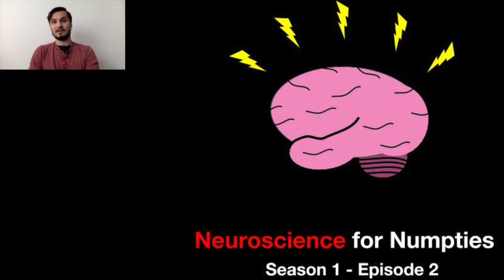So if you ever wondered, what the heck is a brainwave? Well, a brainwave is the electrical activity of the brain, as opposed to the chemical activity of the brain. You can measure the electrical activity of the brain by using electrodes that pick up on electricity. This electrical activity is very, very small.